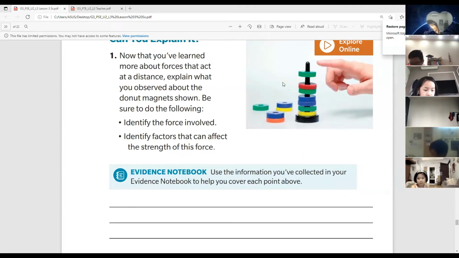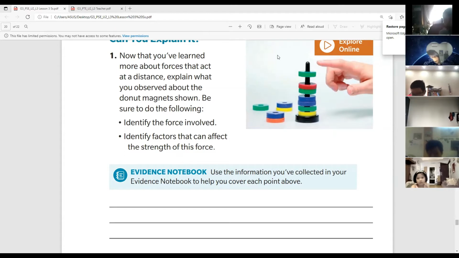Magnetic force is the force that acts from a distance. The magnetic force surrounds the magnet.